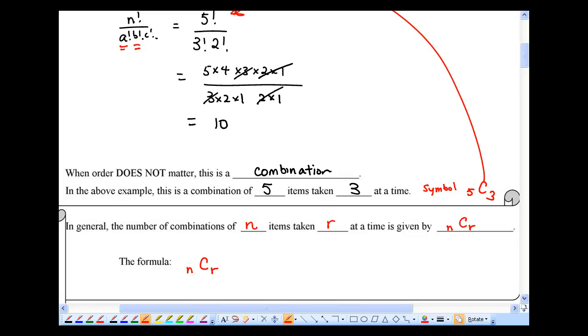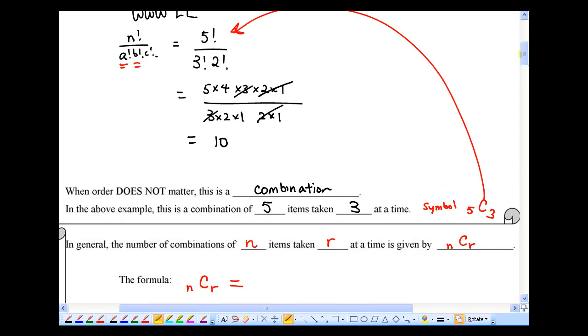Now, let's see if you can come up with the formula. So, by looking at our previous example here, the 5 factorial, 3 factorial, okay, how can we use those numbers 5 and 3 and replace the 5 with the n and the 3 with the r? Let's see what we get. Well, we have 5 on the top, so that's just our n factorial.